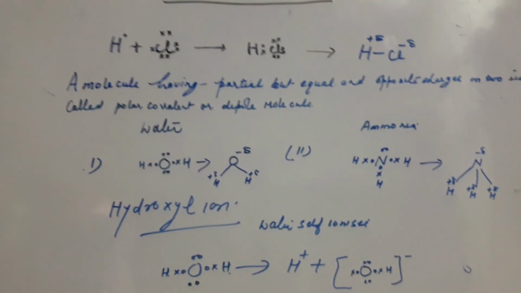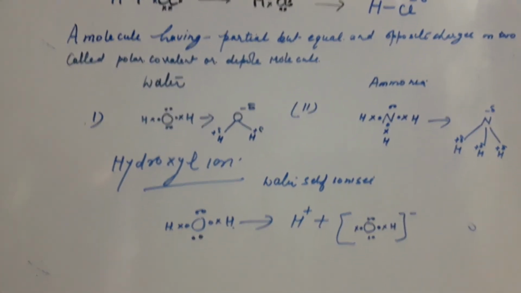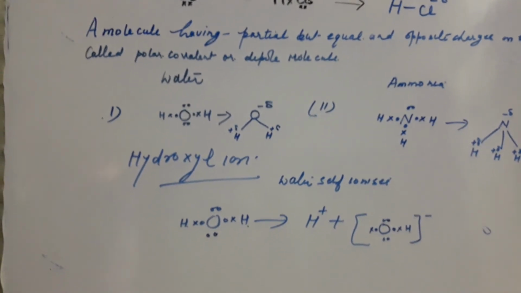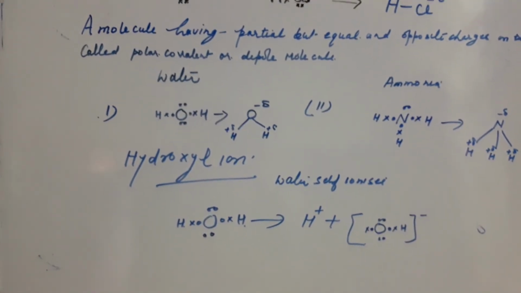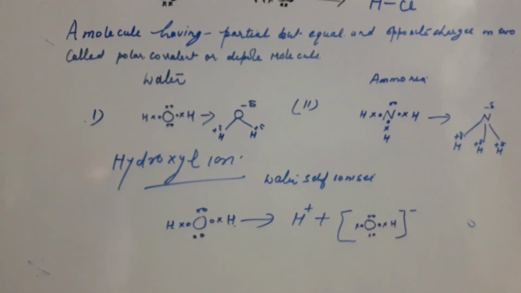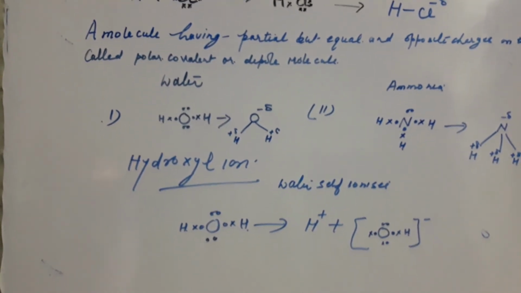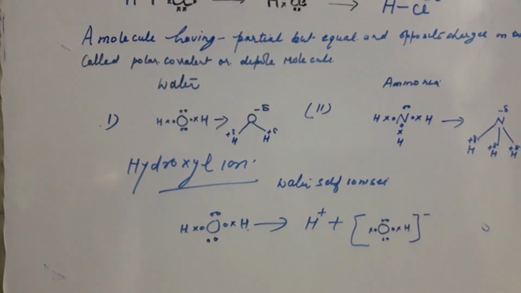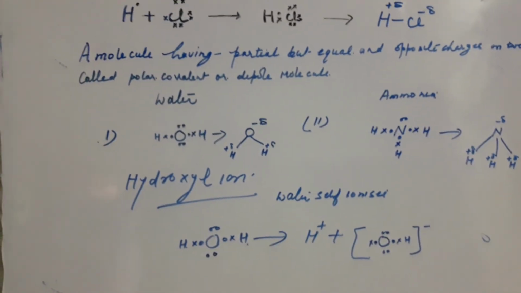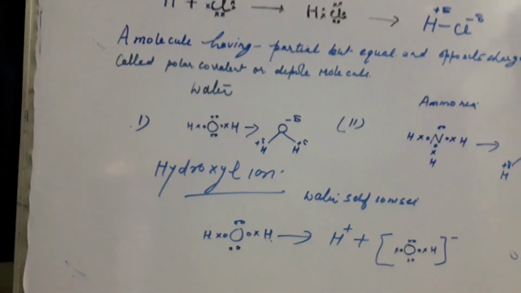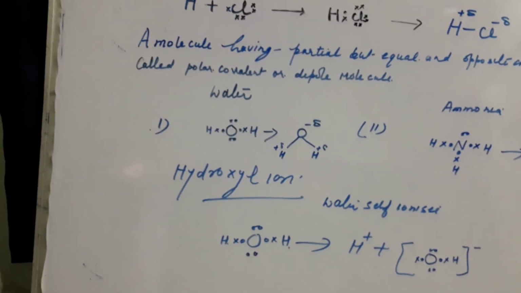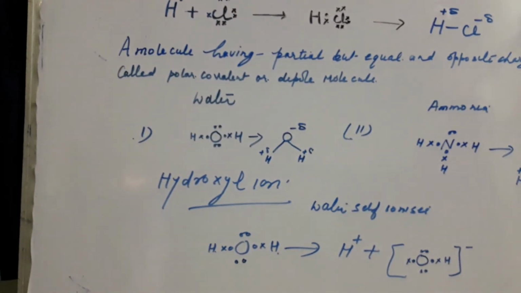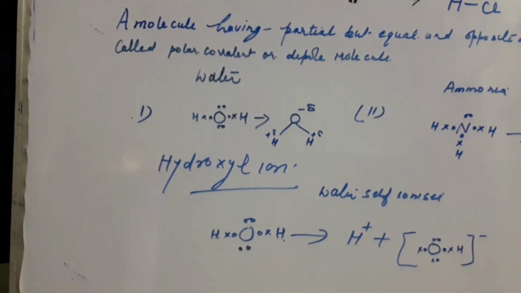Okay, so one more structure I want to explain in this video, that is the hydroxyl ion. Self ionization of water: water forms ions, hydrogen ion and hydroxyl ion. How it is formed and how to draw the structure of hydroxyl, that I will tell today only, and the other things in redox reactions later.